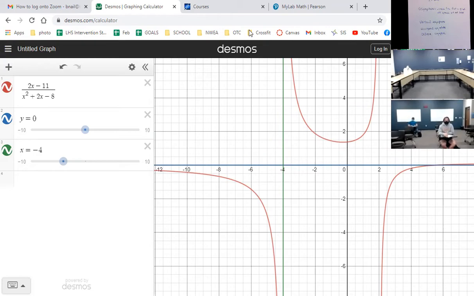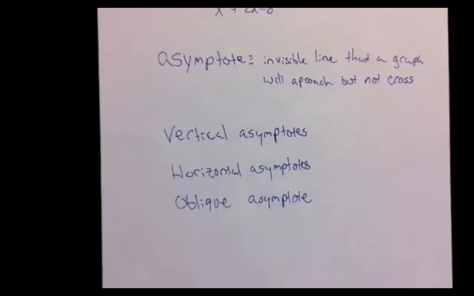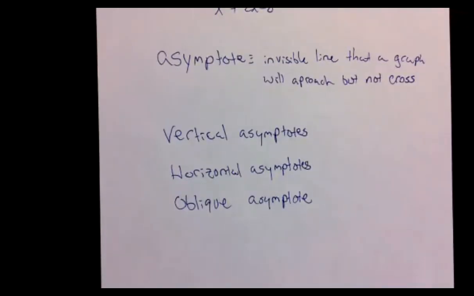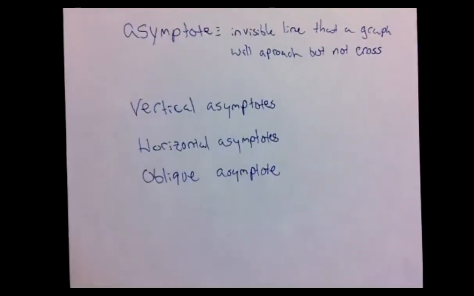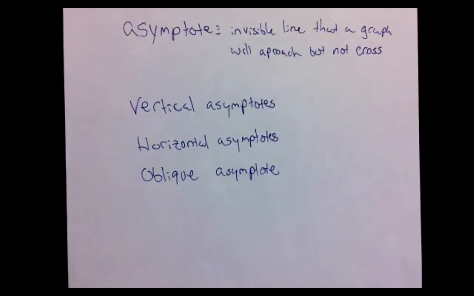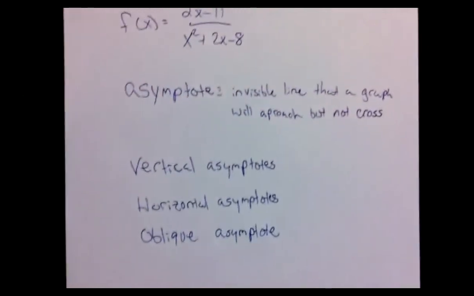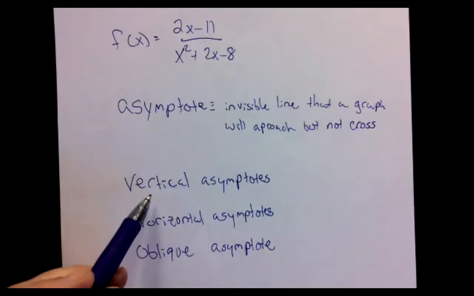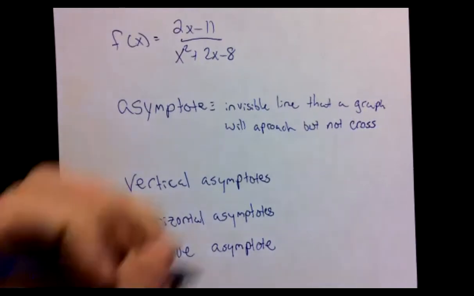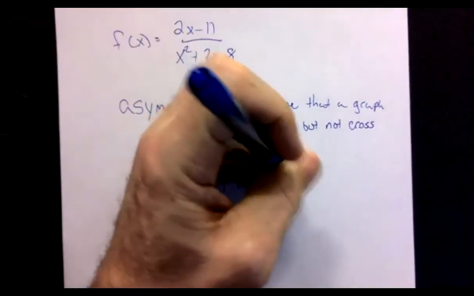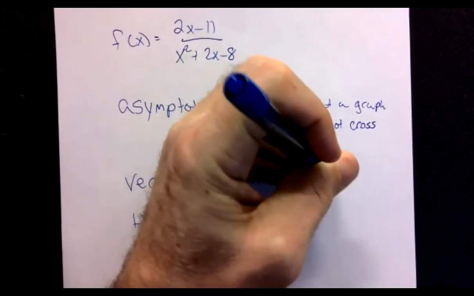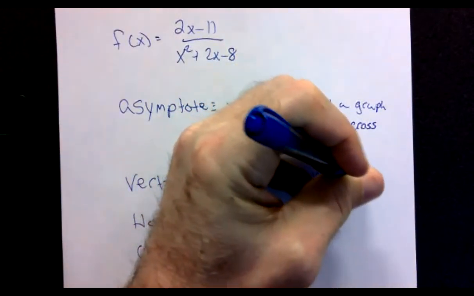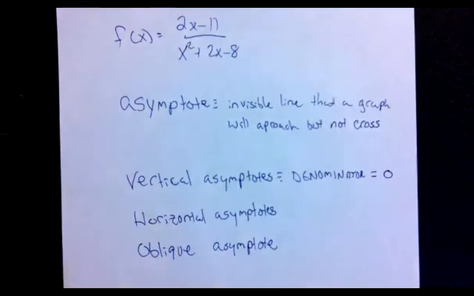So next, I'm going to show you how to find those asymptotes. And that's some of the things they're going to ask you in my math lab. It's like, where are the vertical asymptotes or where are the horizontal asymptotes? Okay. Vertical asymptotes occur when the denominator equals 0.